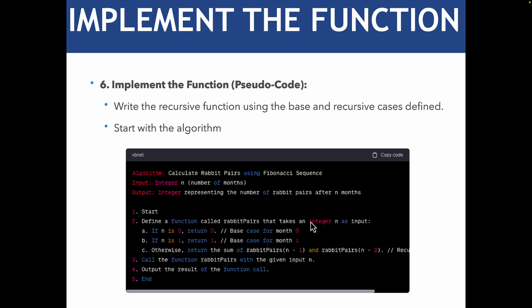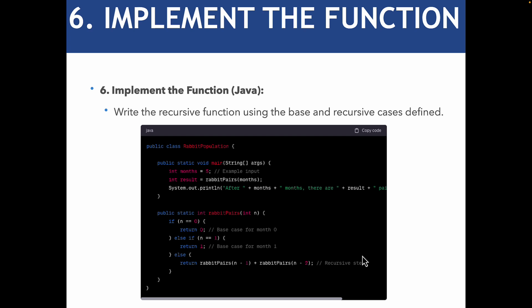We define a function, and the base case contains n equal to 0 and n equal to 1. So we define them here. And finally, if n is different from 0 and 1, it will be the sum of rabbit n minus 1 and rabbit n minus 2. That's the algorithm. And now we can translate it to Java.